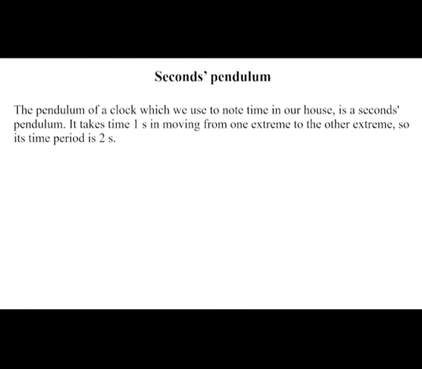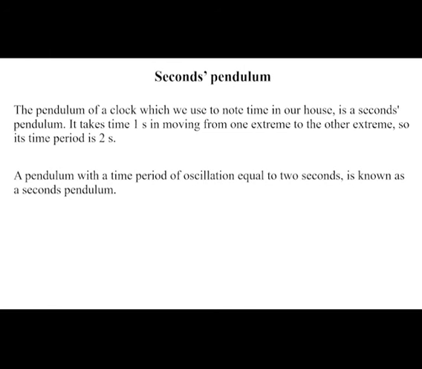Now let us see what is a seconds pendulum. A seconds pendulum is nothing but a pendulum of a clock which we use to note time in our house is also considered as a seconds pendulum, because it takes 1 second in moving from one extreme to the other extreme. So its time period is 2 seconds.